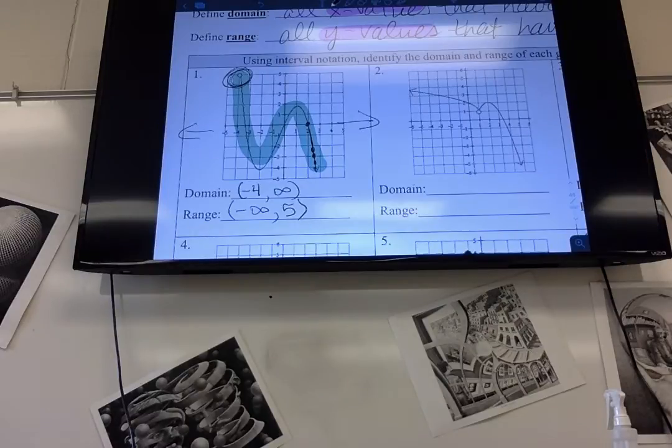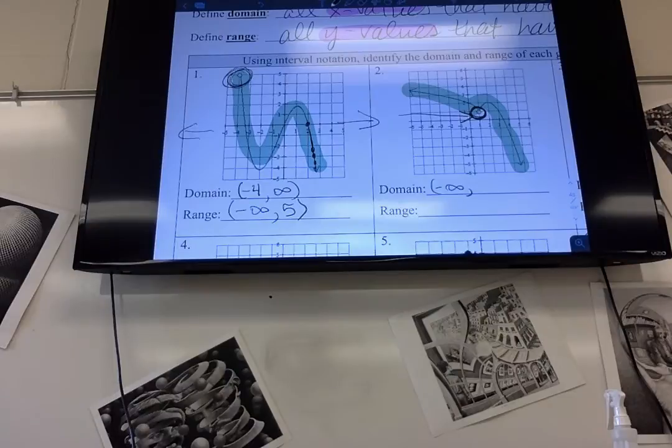Okay, now let's look at number 2. When I trace it from left to right, what's the farthest left that it goes? -infinity. As I follow along to the left, there is a problem right here. We have to look to see if there's any other place where x equals 1.